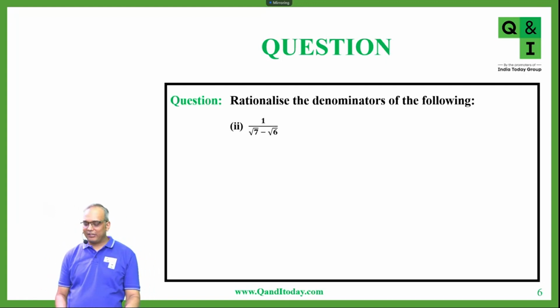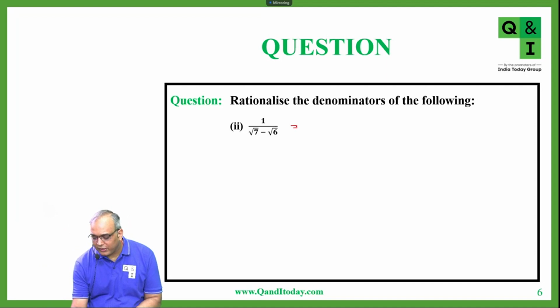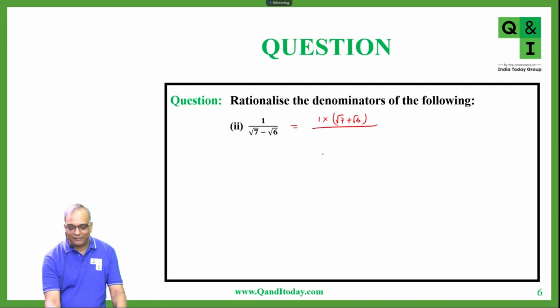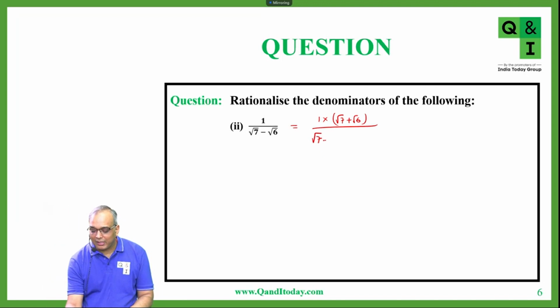Yes, it is root 7 plus root 6. To rationalize the denominator, we multiply both numerator and denominator by the conjugate of the denominator. So we multiply both numerator and denominator by root 7 plus root 6.